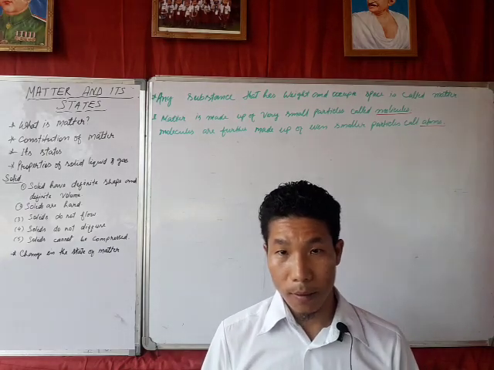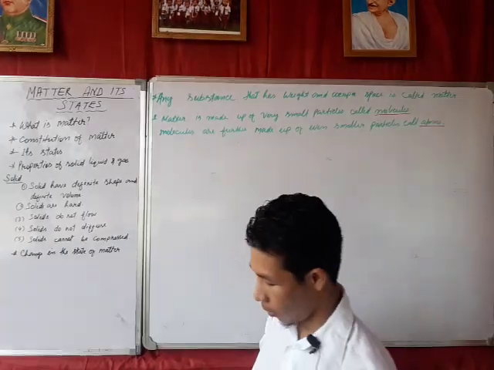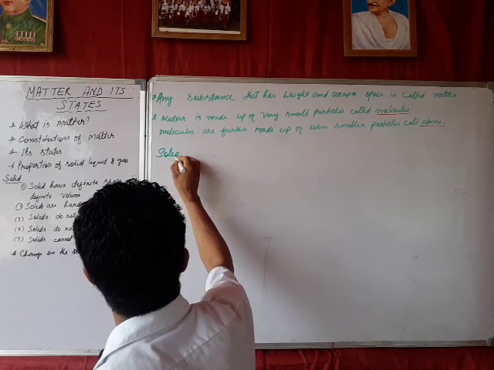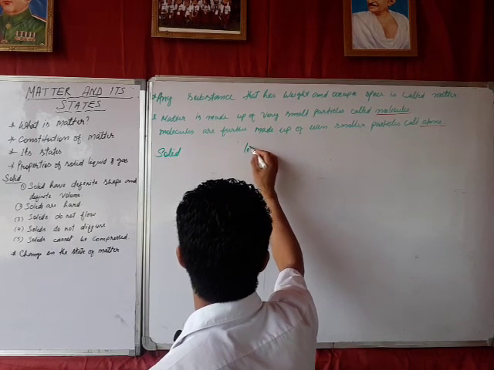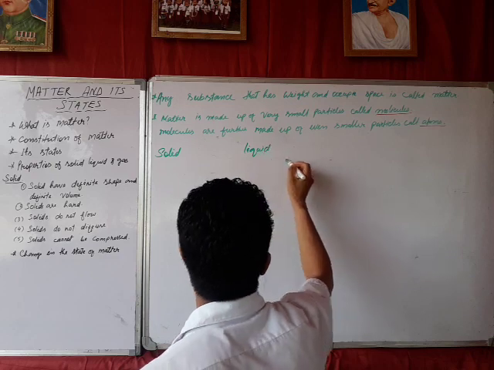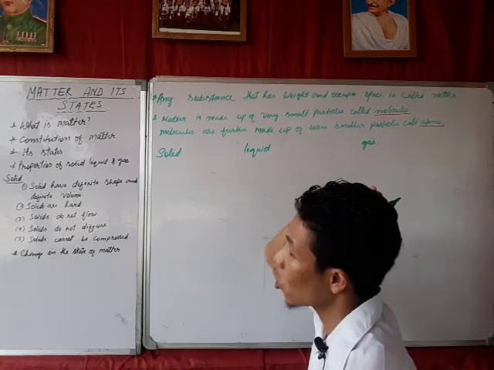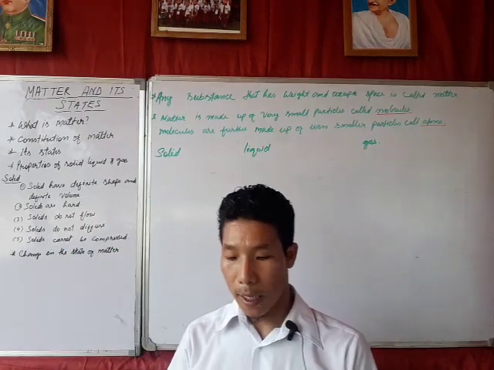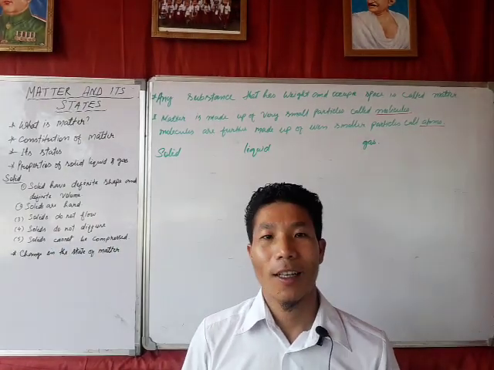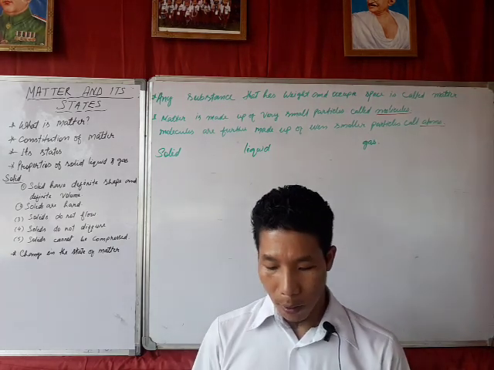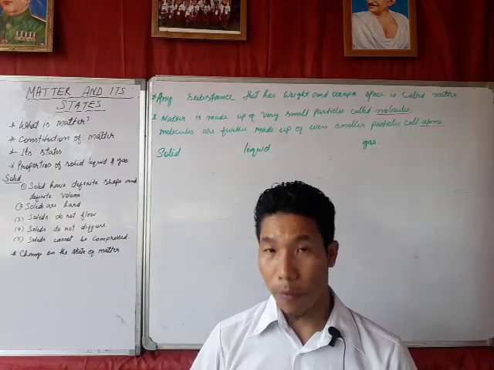Number 1 is solid. Number 2 is liquid. Number 3 is gas. Solid, liquid and gas. These are the three states of matter. Don't forget.